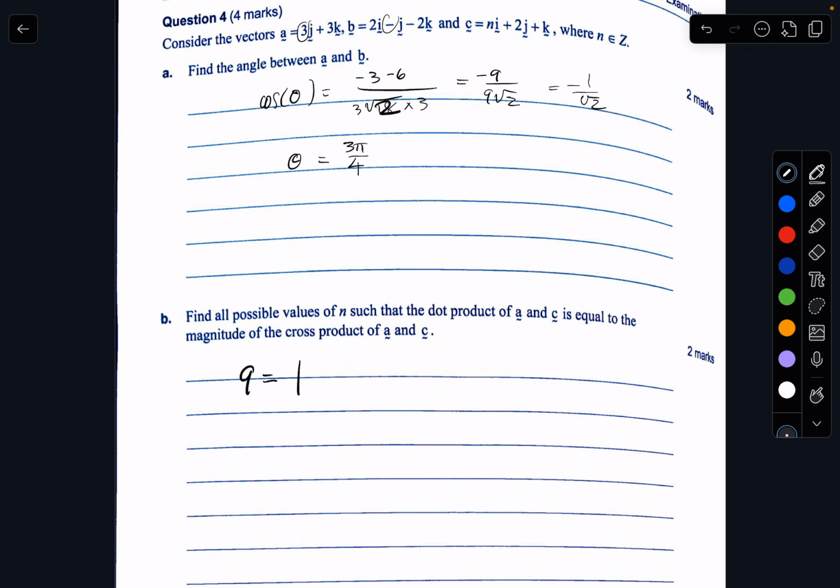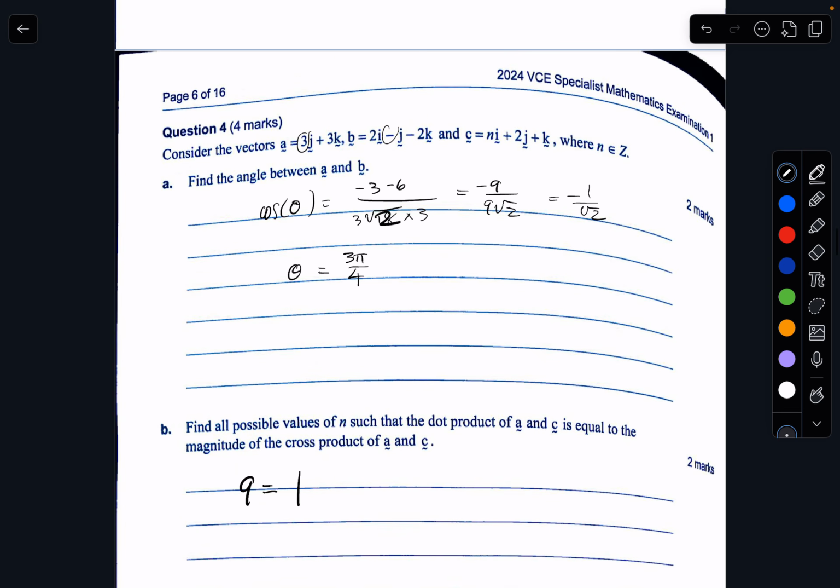Now, what's the cross product formula? Okay, so what I'm just going to do, I'm going to say y1, z1, and I'm going to say x2, y2, z2. All right?